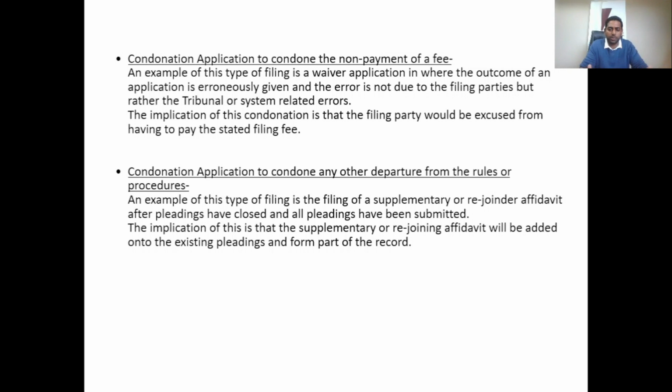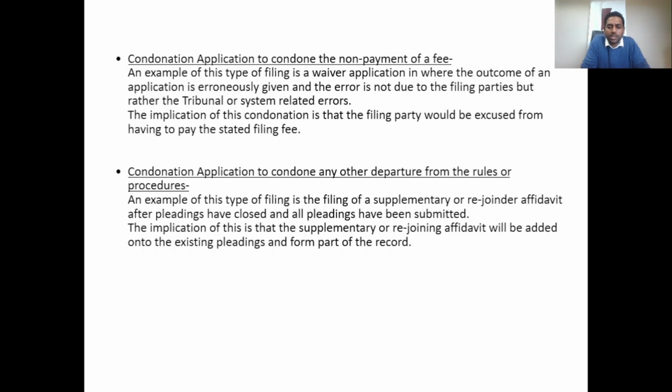Say for instance an answering affidavit is filed by a respondent, and the applicant is filing a reply. But in the reply, different elements have been raised, or certain elements in the answering affidavit were not catered for. Maybe there was additional information that was found out that's not in there.